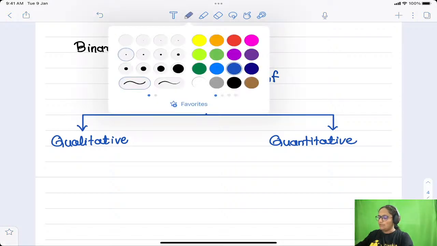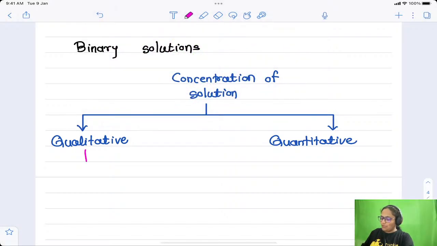In the qualitative method, we are going to talk only about the quality, right? What do I mean by that? You might have seen the bottles of solutions of acids and bases in your lab. Some bottles have dilute and some have concentrated written on them, right?